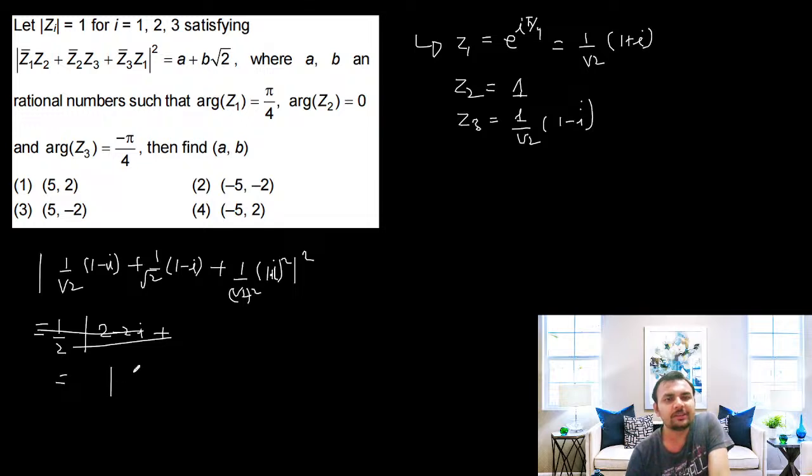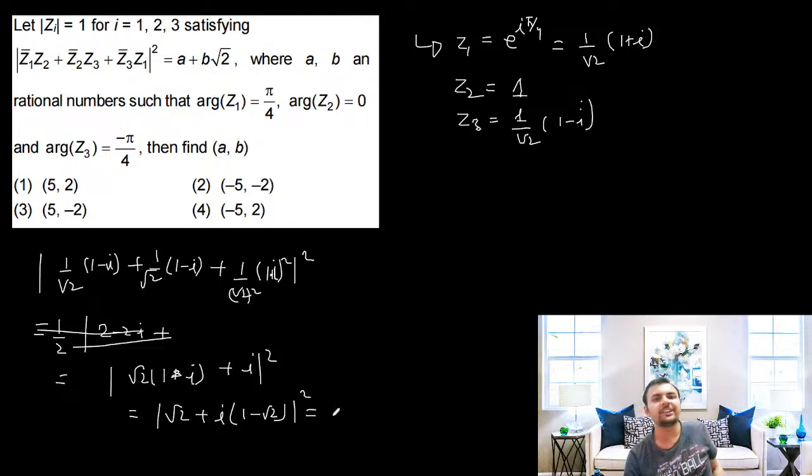It is root 2, (1 plus 1 minus iota), and this is 1 by 2. 1 square, iota square, 2 iota, it is iota. It is root 2 iota, (1 minus root 2) whole square.